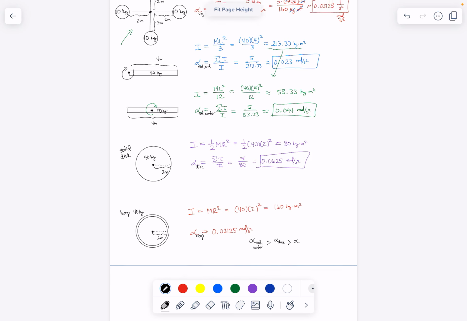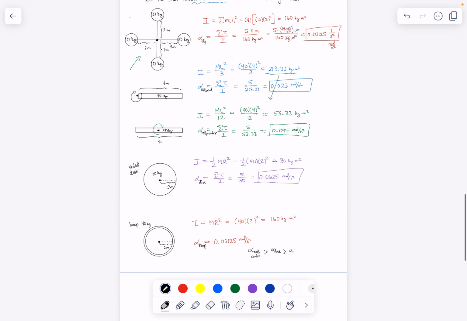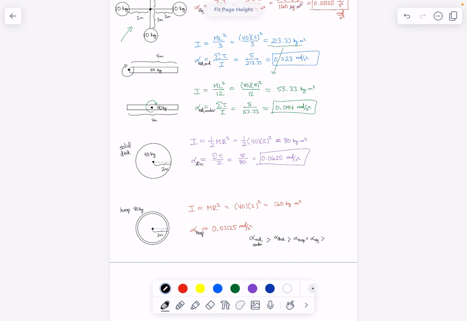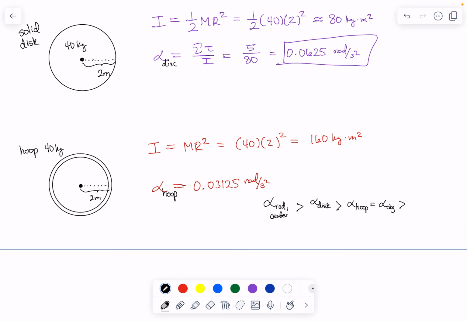All right, third biggest was the hoop and the object, right? So alpha of the hoop was actually equal to alpha of the object. And then the hardest one to rotate was the rod with the axis of rotation at the end.